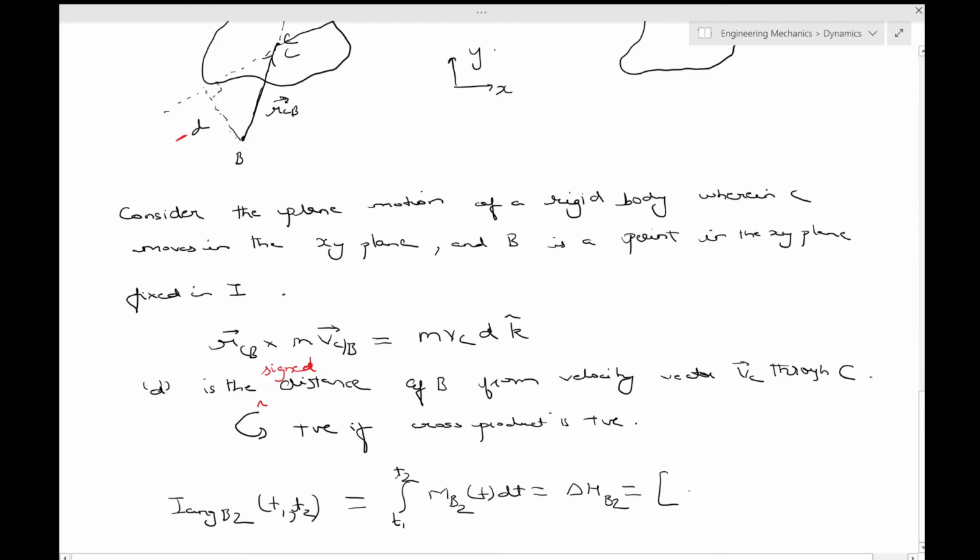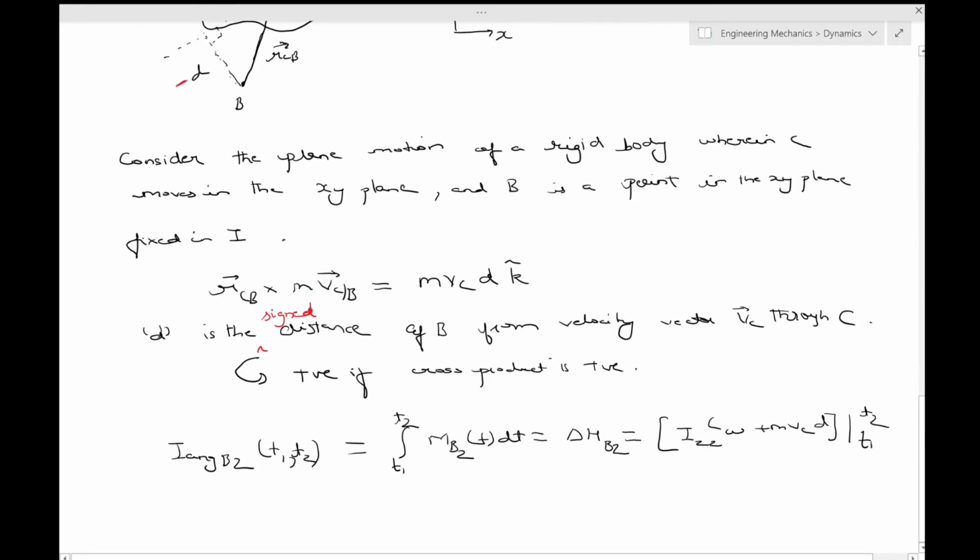Now how do you write H_BZ? Well, you have to write it in terms of the center of mass. So I_ZZ C omega plus m v_C t, in front T1 to T2. Okay, so H_B is written in terms of H_C, and just the Z component is written, that's why we are having this.